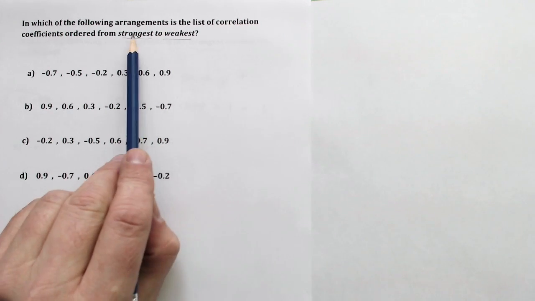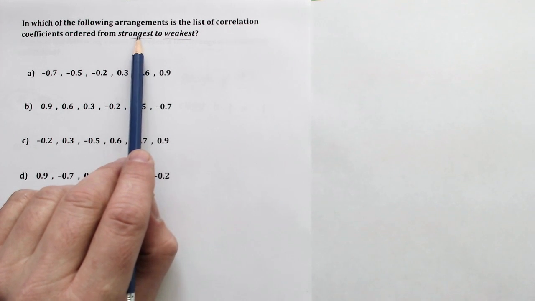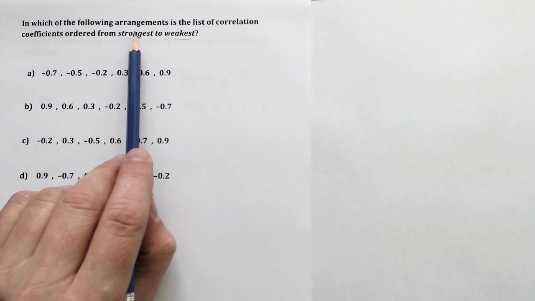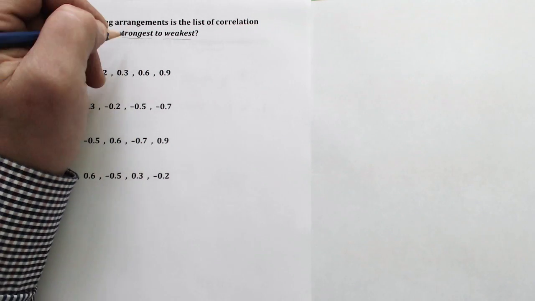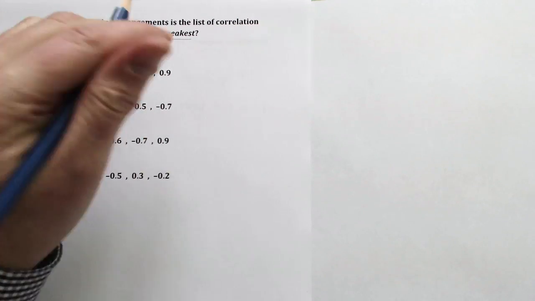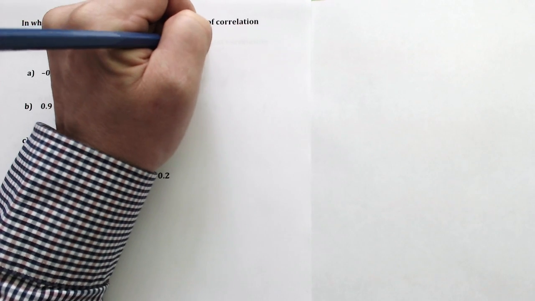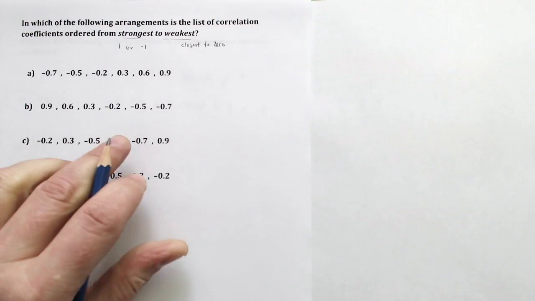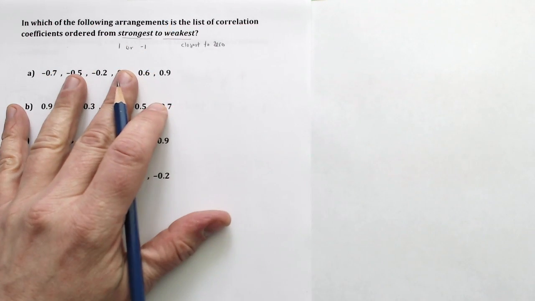So we want to make sure we know the difference between strong and weak, remembering that the strength of the correlation relates to how close it is to the number 1 or -1. And the weakest is going to be closest to 0. And remember, strength, again, has nothing to do with direction.